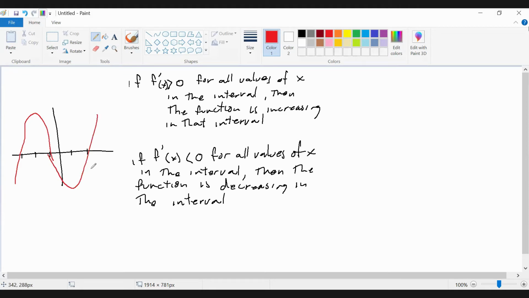Now I am going to ask you, what is the behavior of the function from negative 2?